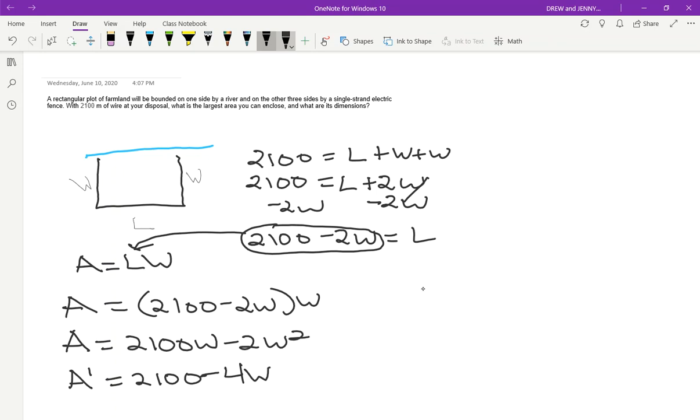Okay, and now we take this and set it equal to 0, and we solve for W. So I can add 4W to the right and divide both sides by 4. And so we get that W equals 2,100 divided by 4, which is 525 meters.